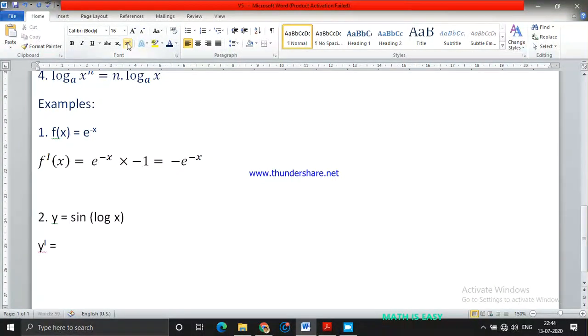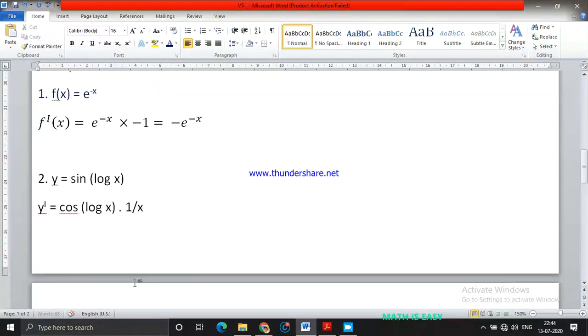So y dash is going to be first derivative of sine theta. If I take log x as theta, derivative of sine theta is cos theta into derivative of theta. Derivative of log x is 1 upon x. So finally the answer is going to be cos log x upon x. Okay, so that is the answer.